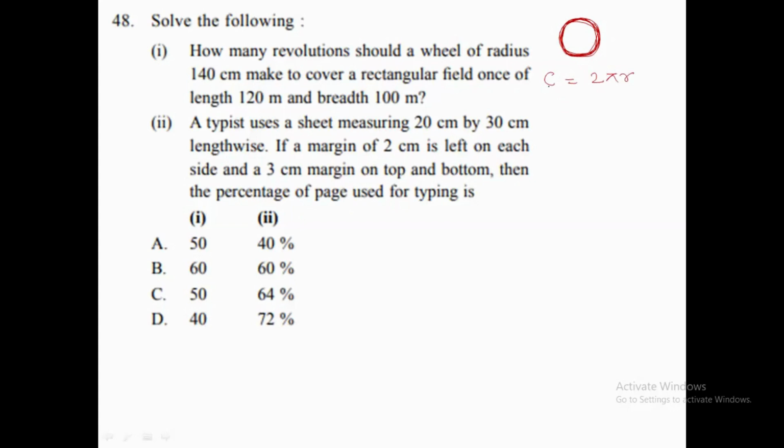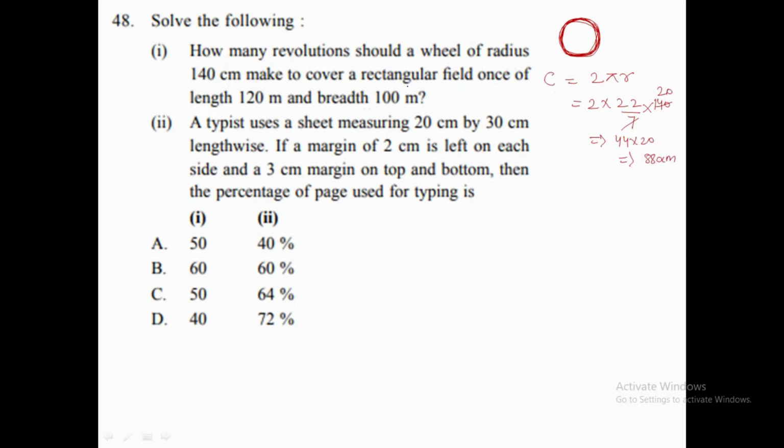What are we getting? 2 multiplied by 22 by 7, and the radius is given here as 140, multiplied by 140. That equals 44 multiplied by 20. We will get 880 centimeter as the circumference.